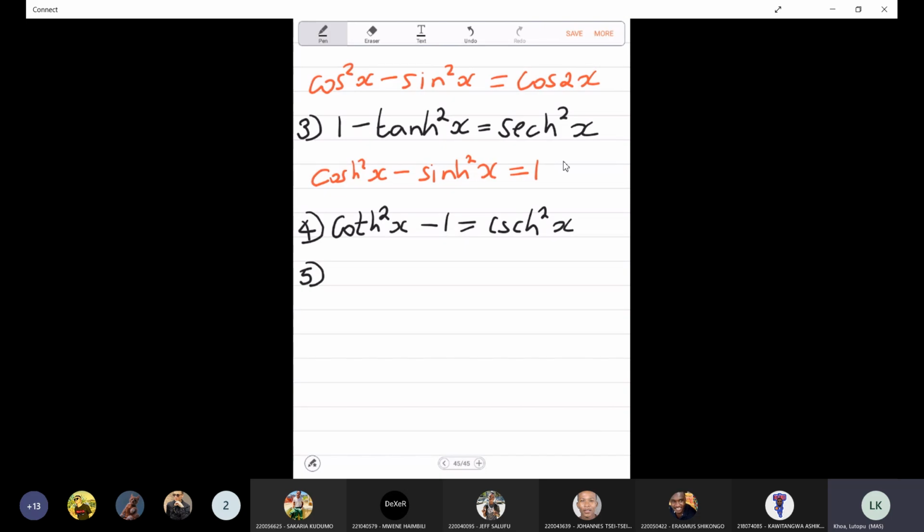And another one. So this one, the hyperbolic sine of 2x, is equal to 2 hyperbolic sine of x, hyperbolic cos of x.